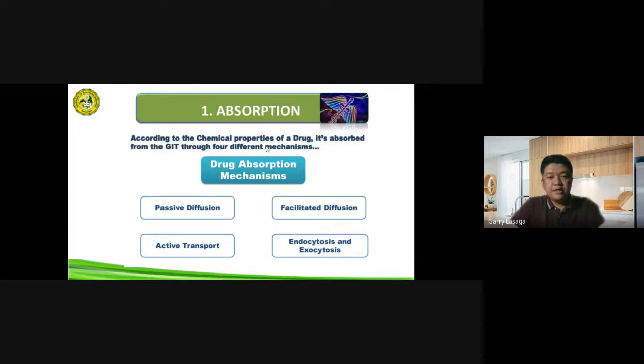So according to the chemical properties of the drug, it's absorbed from the GIT through 4 different mechanisms. So for those drugs that need to pass through the biological membranes, these are the mechanisms that they need to undergo in order for them to be absorbed in the body.